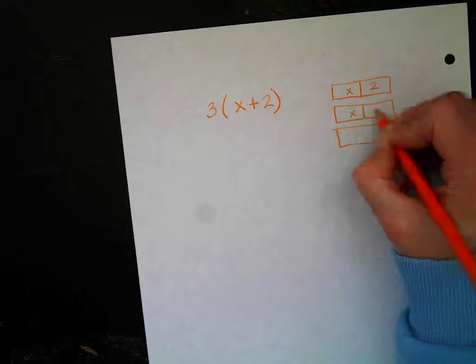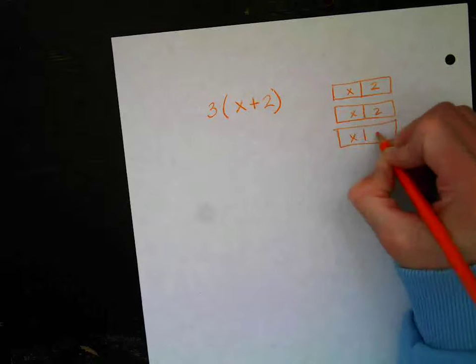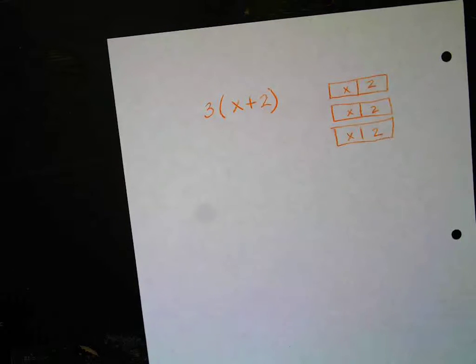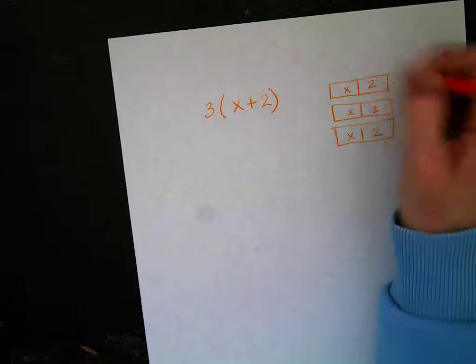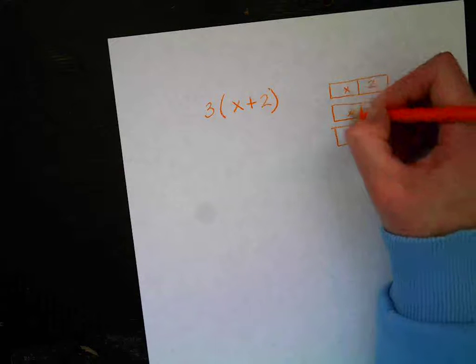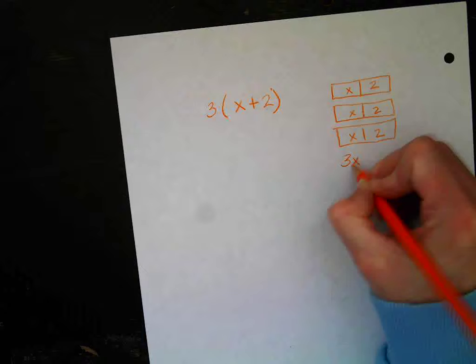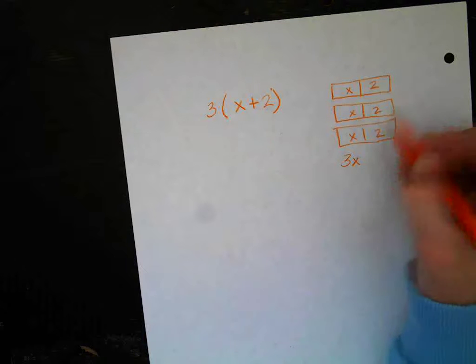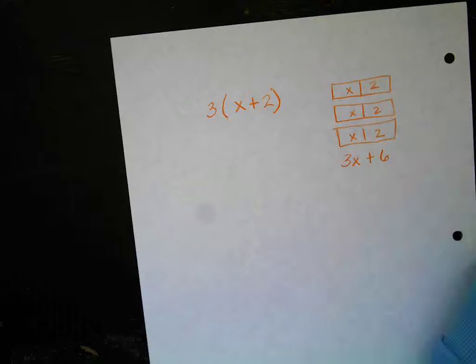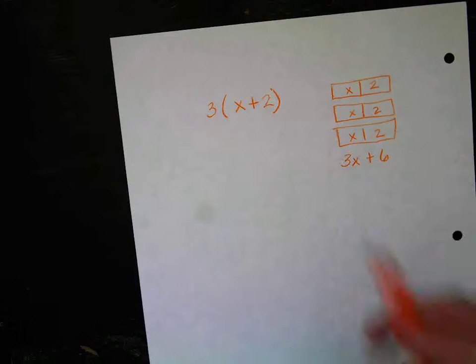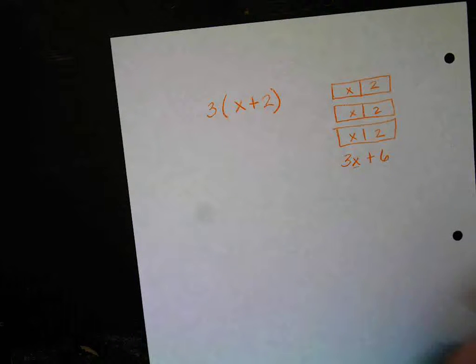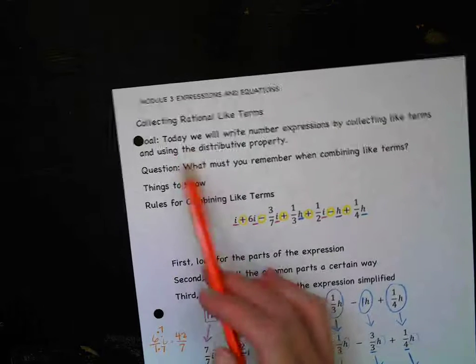And then what goes inside the tapes is I have x and I have a 2. I have x and I have a 2. I have x and I have a 2. And then you have to simplify what you have. So I see 1, 2, 3, 3 x's. And then I see 2, 4, 6 plus 6. And that's all you can do because this one has an x and this one does not.